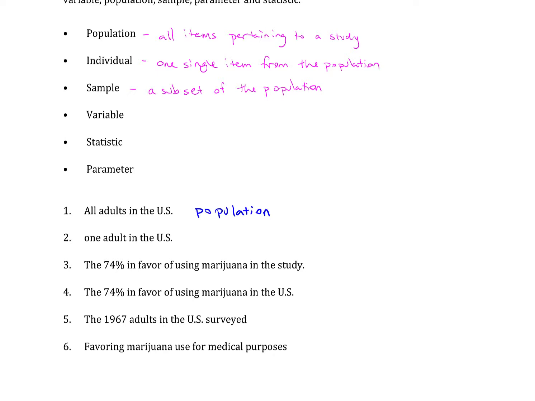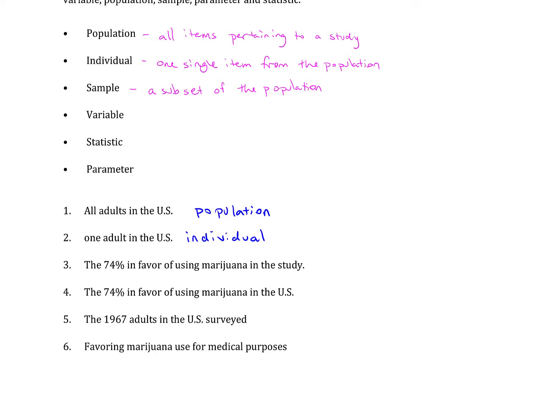So we did a study of all adults in the United States, so the results pertain to the entire population. Next, we have one adult in the United States. So that looks like it would be the individual. So if we are doing a study, we do the study one at a time, one person at a time. And so the individual.